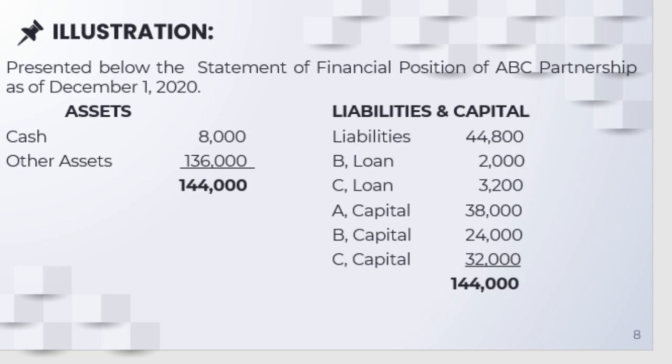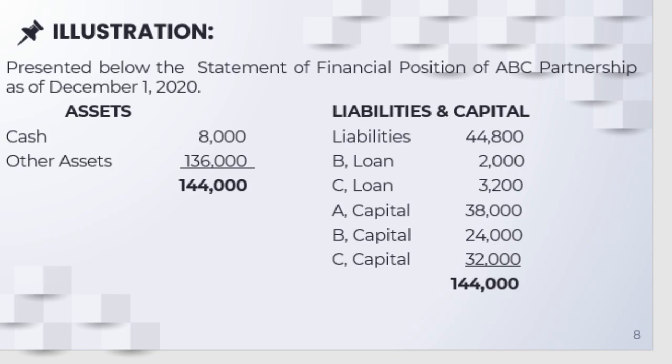And then, the liabilities and capital. So, itong B loan and C loan, this implies that the partnership has a loan from the partners. So, dapat i-make sure natin na itong assets natin and the liabilities and capital are equal.